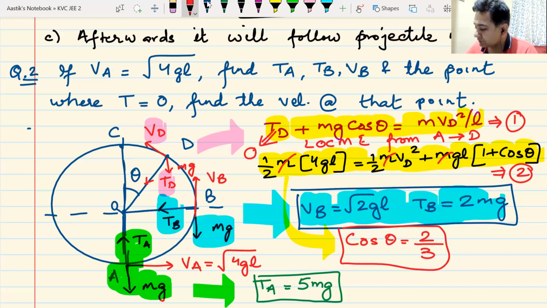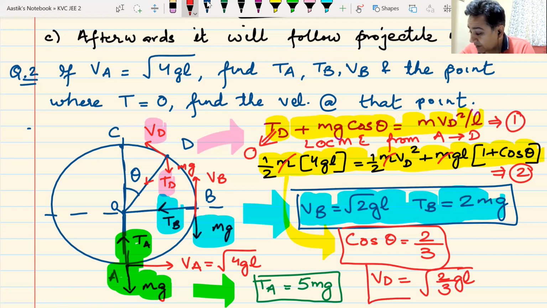Sure. And the velocity with which it leaves the circular track, here also it is leaving the circular track. There it was root over 2GR into 1 minus cos theta, which is root over 2 by 3 GL. And this was the velocity with which it was leaving the circular track. Do we remember this? Yes, sir.